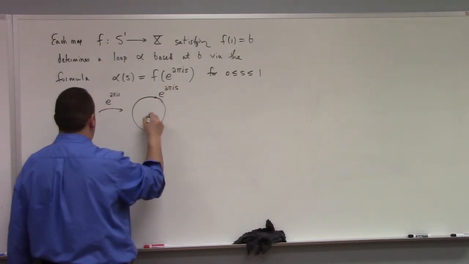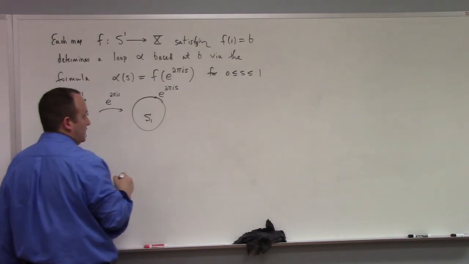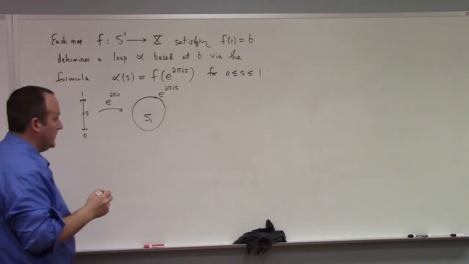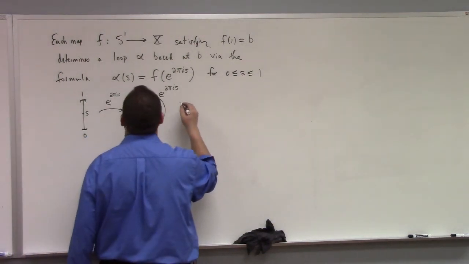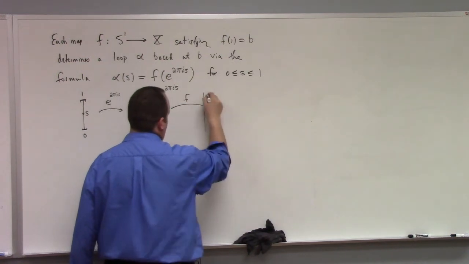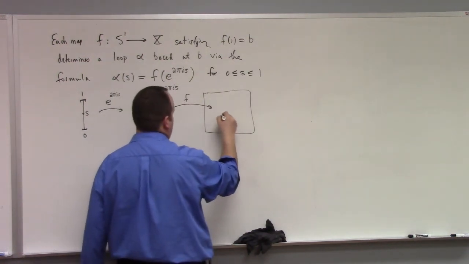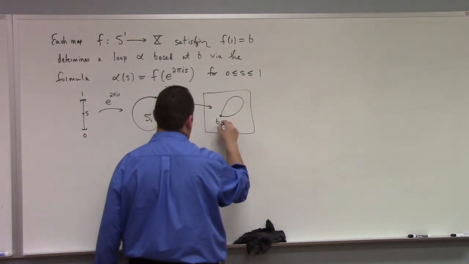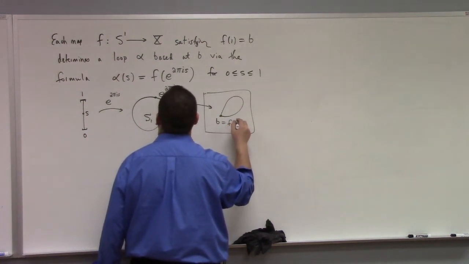This is my S1, my unit circle in the complex plane. And then f gives us a loop over here at B, where B is f of 1.